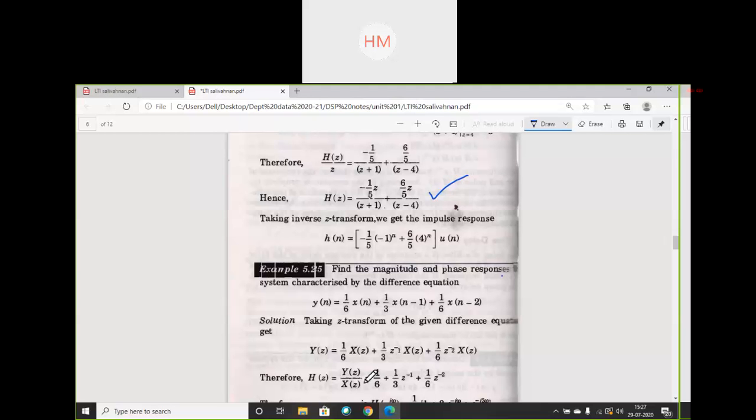If I want to find the magnitude and phase response, I have to shift from Z transforms towards Fourier transforms. I will replace Z by e to the power j omega. So this is what we have done. Z is replaced in h of z to get h of e to the power j omega in the overall equation. So I will get this new equation.